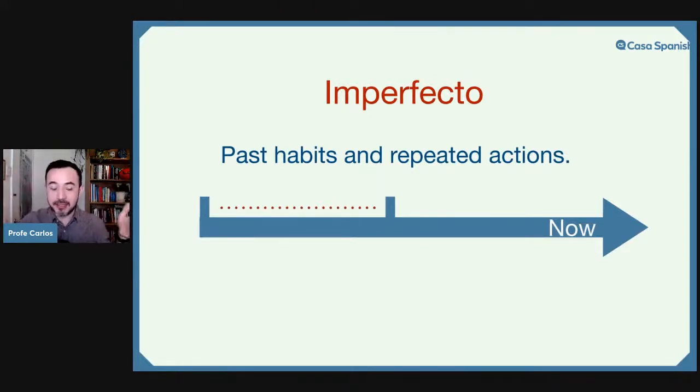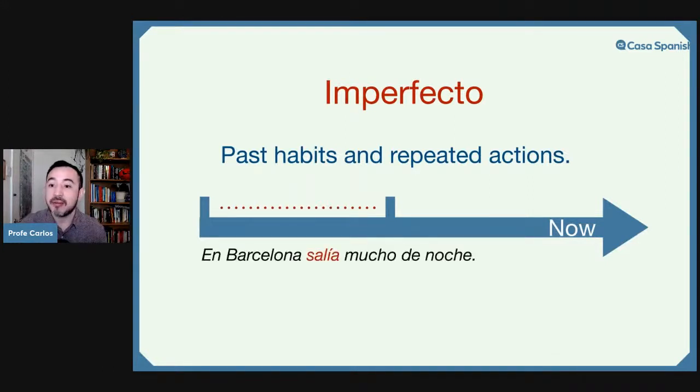It is completed, there is an ending, but it was a habit. So there was this idea of flow in the past. So past habits and repeated actions, we always use imperfect. And we have an example. En Barcelona, salía mucho de noche. En Barcelona, yo salía mucho de noche, o ella, etcétera, o él.